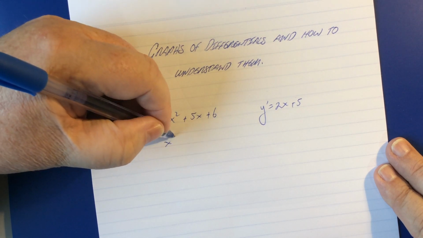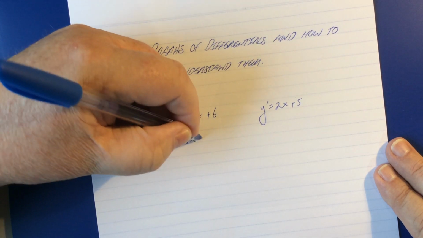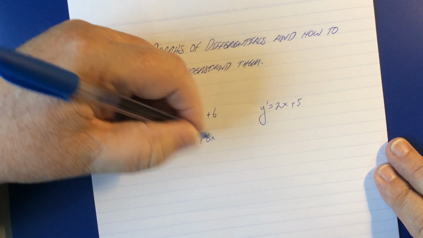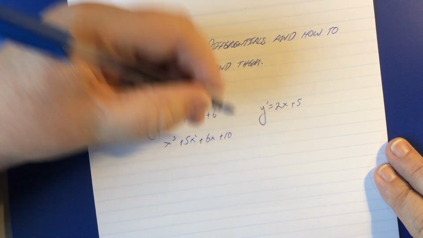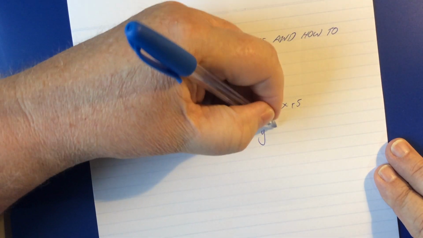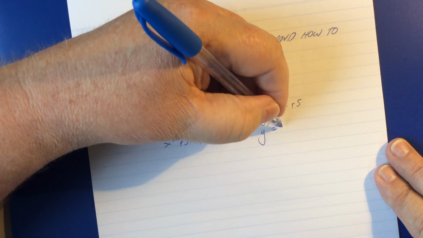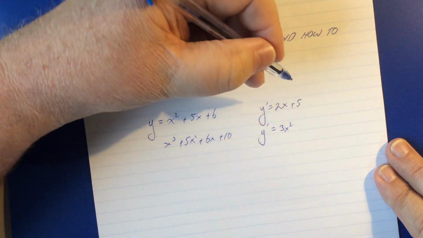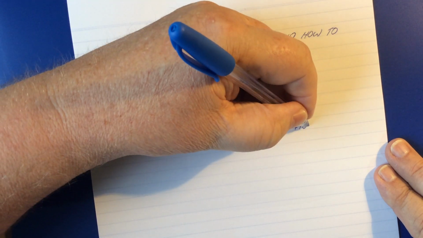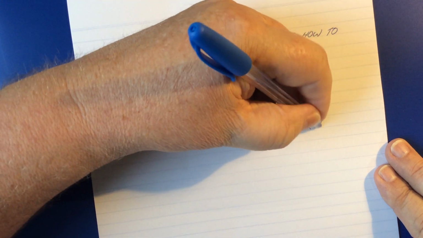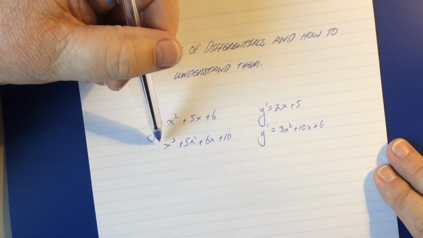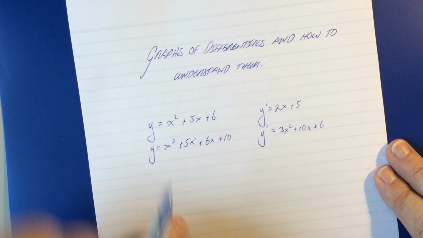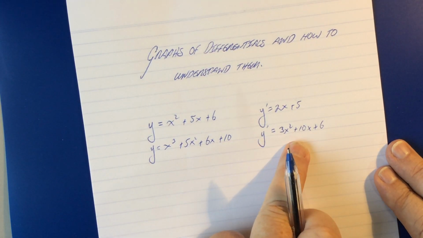If we do this for a cubic, x cubed plus 5x squared plus 6x plus 10, what we get is a quadratic, 3x squared plus 10x plus 6. So the rule is that we're moving down one order.